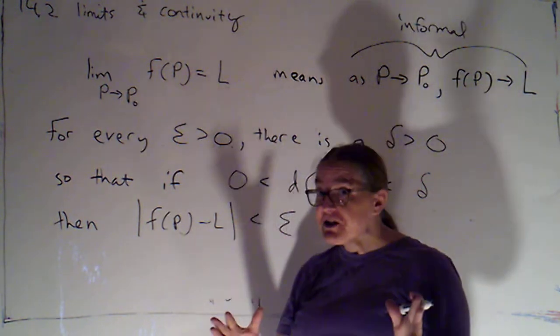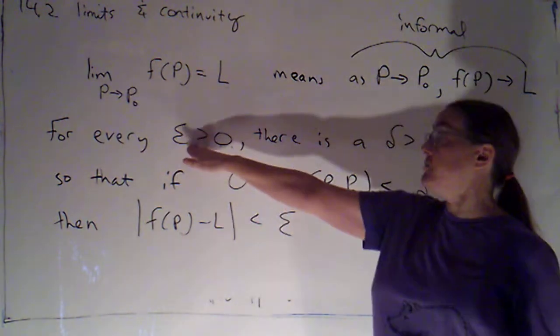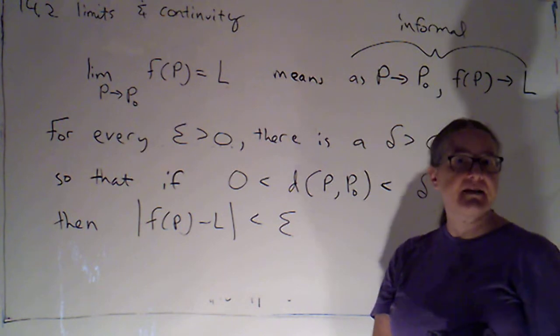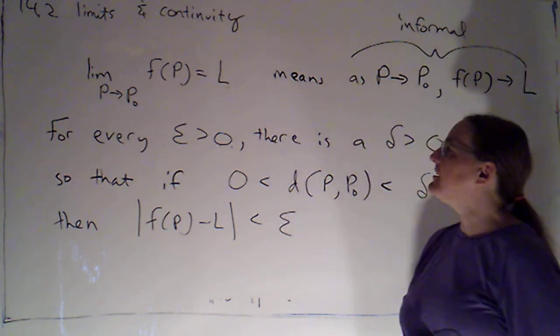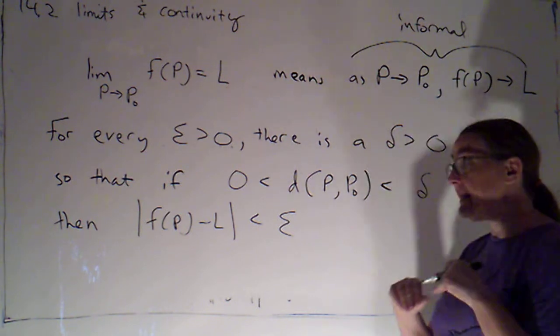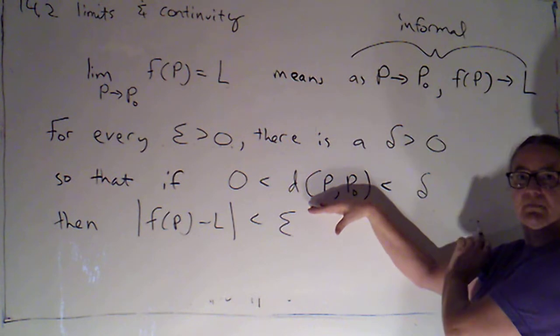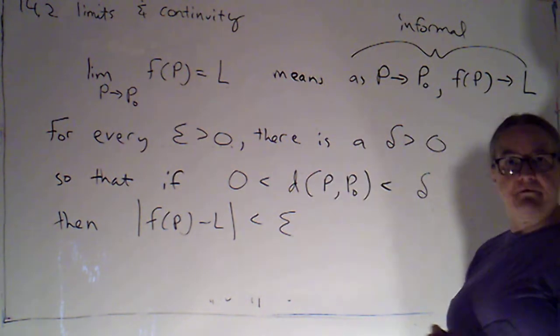I can force the output to get close to that number using whatever standard you give me. Given any standard of closeness for how close we want the output to get to L, we can force it to get that close by forcing our input to get close to p naught. Okay. All right, so that's our definition.